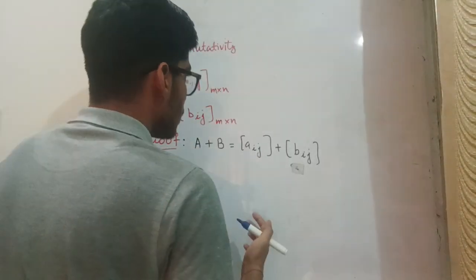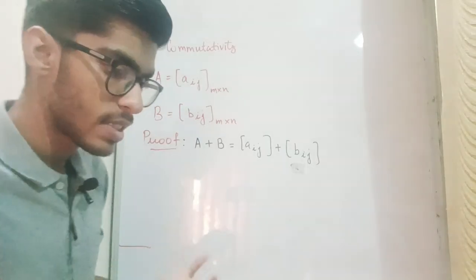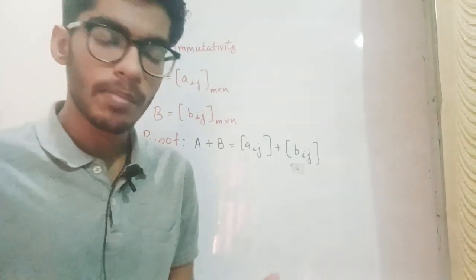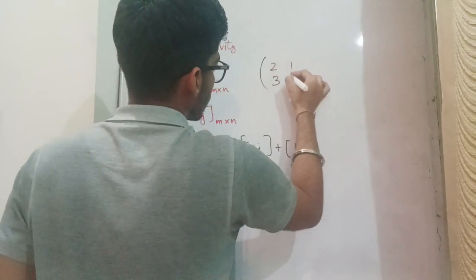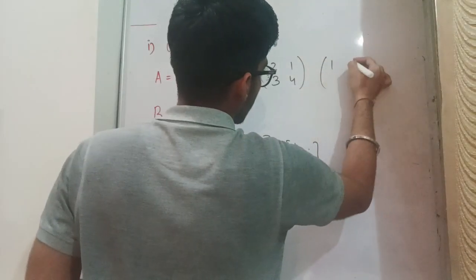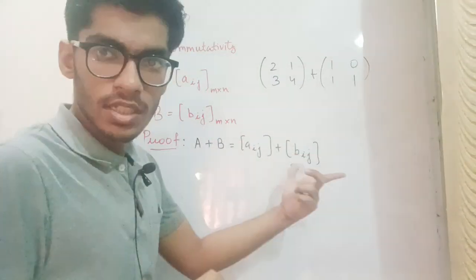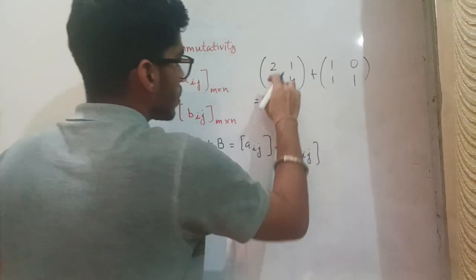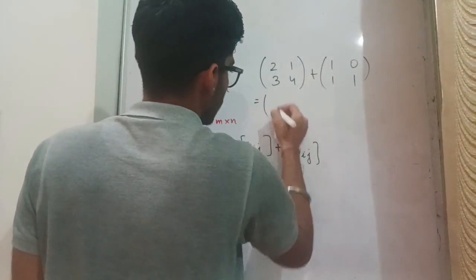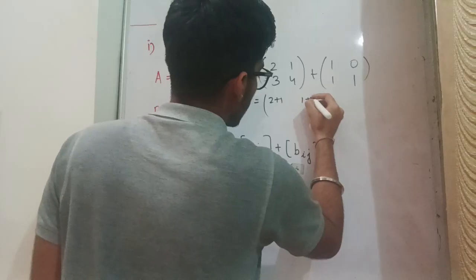Now, we know when we add two matrices, the addition happens element by element. What I mean to say is, if I have a matrix 2, 1, 3, 4, and another matrix 1, 0, 1, 1, and I'm adding these two matrices, the 2 is added to 1, the 1 adds with 0.